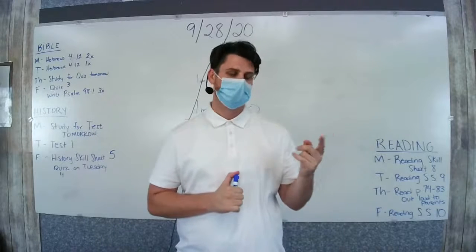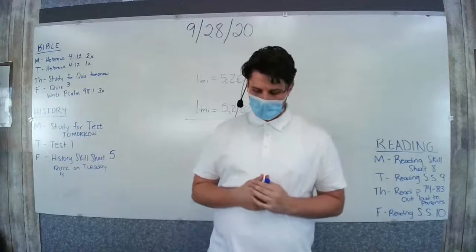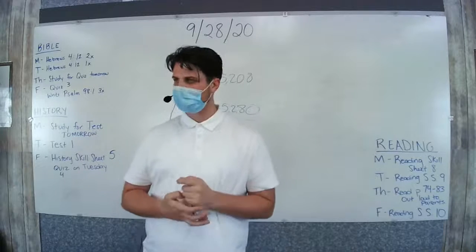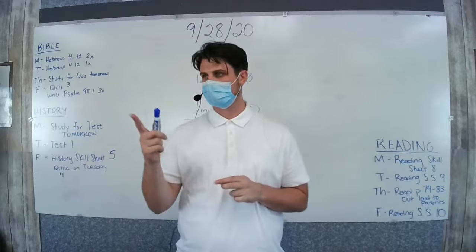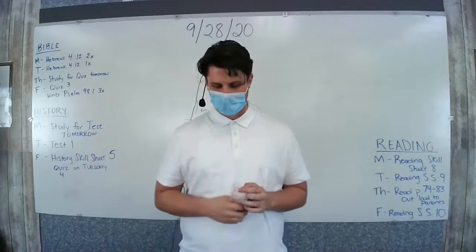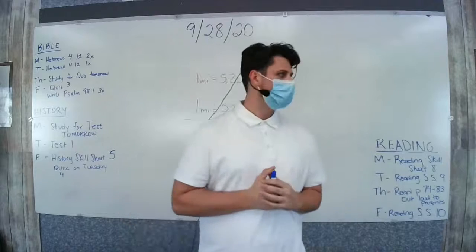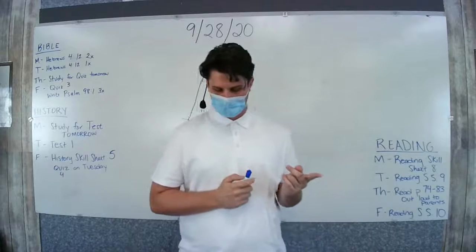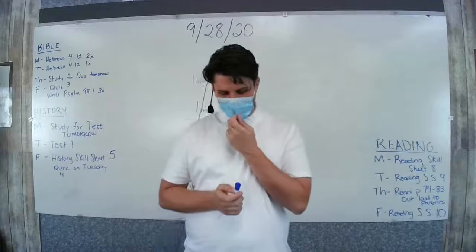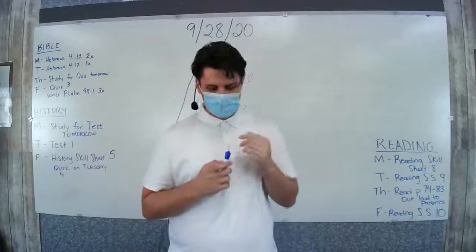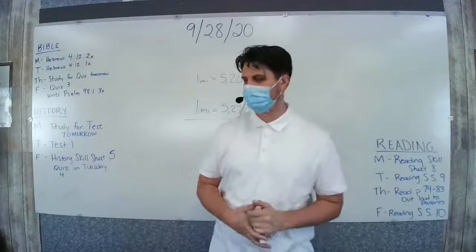Yep. Correct. Okay. K, correct or incorrect? Incorrect. K is incorrect, so circle it. L, letter L, incorrect or correct? Incorrect, so circle it. Okay, good job on those, guys.